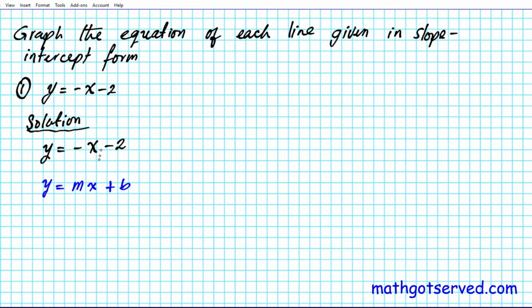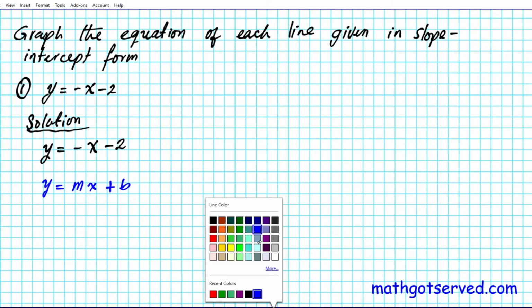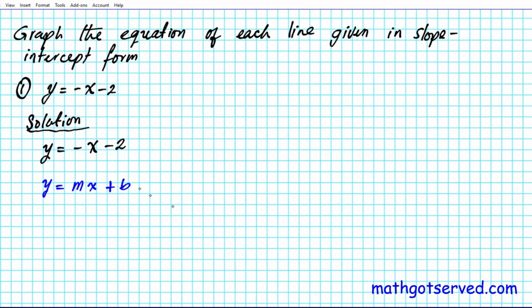M is the coefficient of x, b is the number that's being added to the x term. Now you notice that there's no number in front of the x, so you have the invisible coefficient there, which is 1. If no coefficient is in front of a variable, the default coefficient is 1.